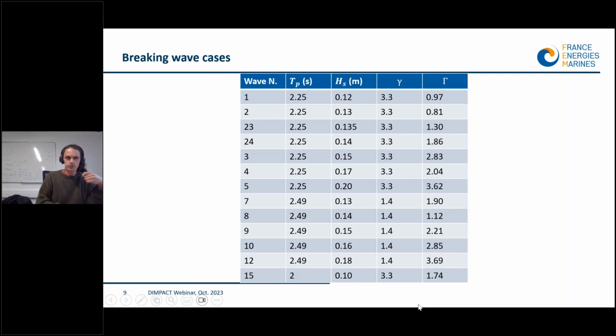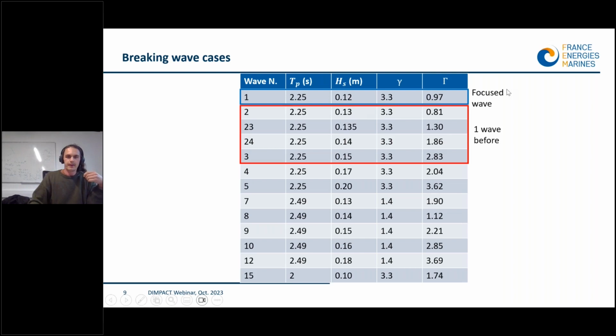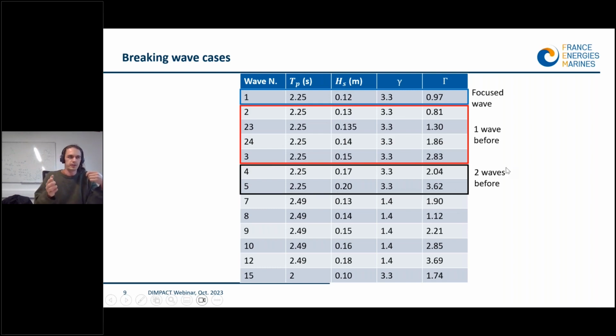One thing you should note is that this wave is breaking on the focused wave, and for those waves we are breaking one wave before, and for both waves we are breaking even two waves before. Which means that we had very different breaking wave configurations, and a various range of gamma parameters.